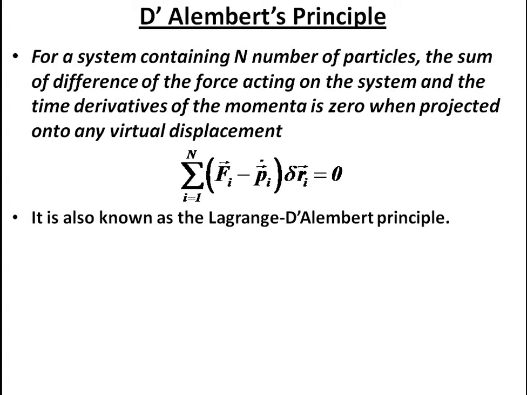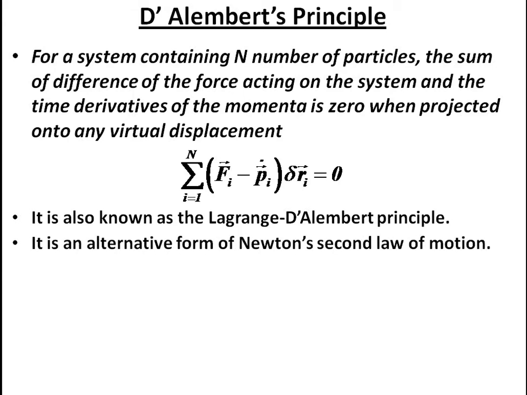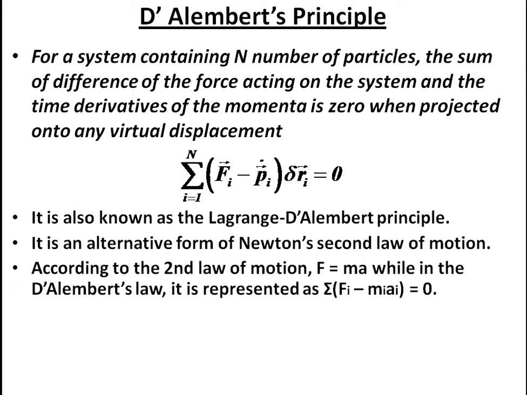Okay, we will explain in detail the physical essence of this equation, so don't worry about that. And this law is known by another name also, the Lagrange-D'Alembert principle. And as I already mentioned, it is an alternative form of Newton's second law of motion, but has some additional advantage compared to Newton's second law.